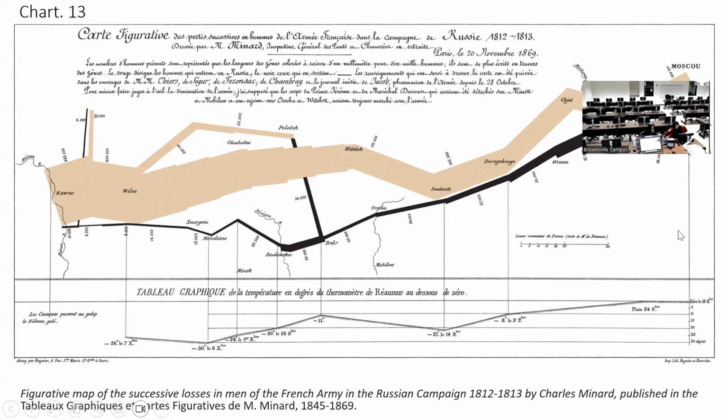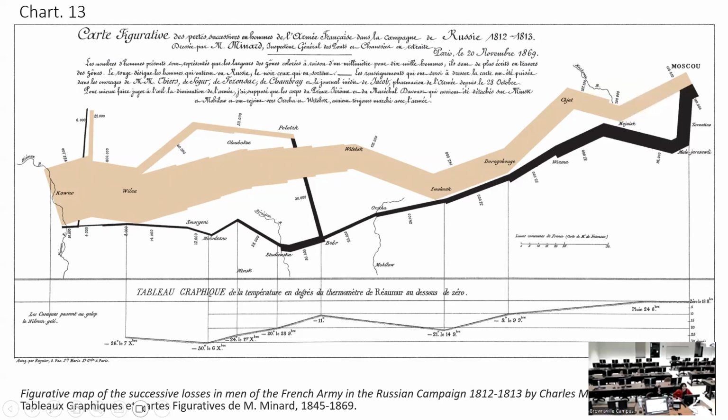Check here. Dr. Tufte, remember Tufte? We said he's the teacher of Few. He said this is the greatest statistical graph ever, right? He loved it. Why? Let's explain what it is.